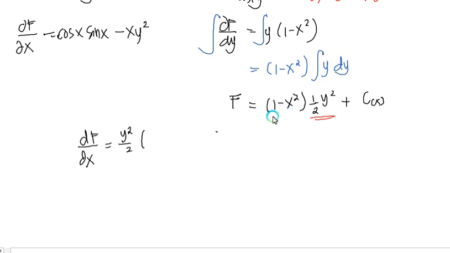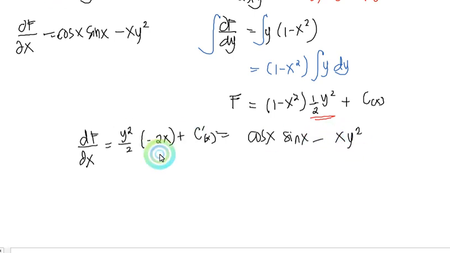So, that is, derivative of 1 is 0. Derivative of negative x squared is negative 2x. Plus, derivative of cx is c prime x. So, kinanglan ta siya equate sa df over dx man, which is equal to cosine x sine x minus xy squared.